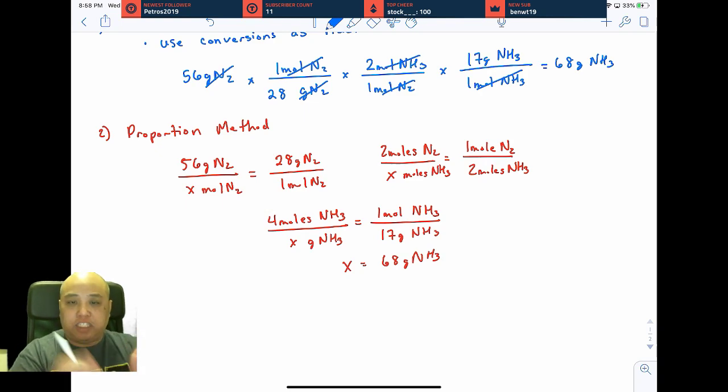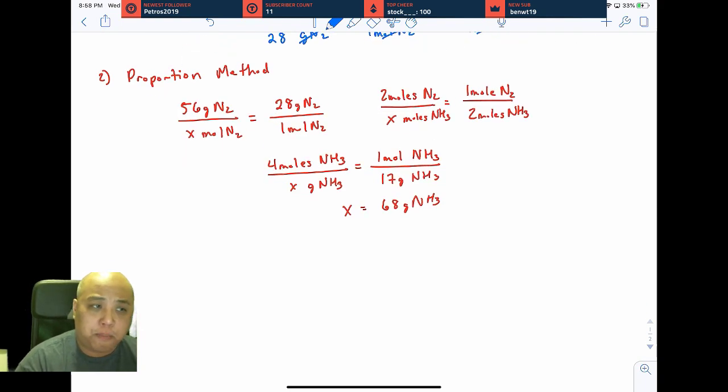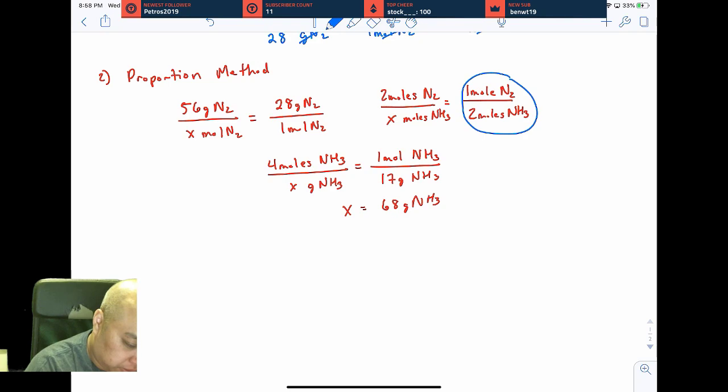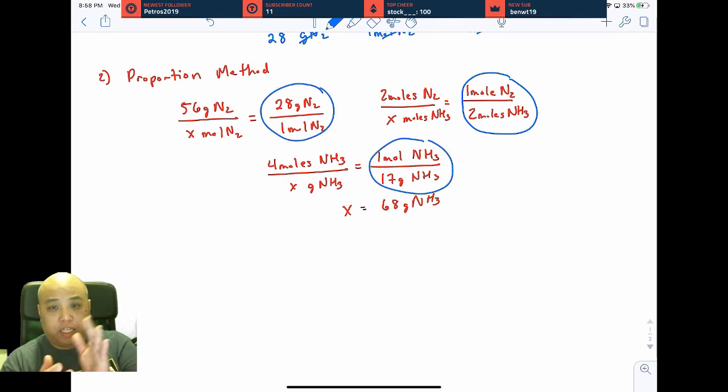Because here, I've taken each of the conversions and just done one step by one step by one step. Some students may start combining steps because they realize that if I combine these steps, I can do the proportion method in one step because these are all equivalent to each other.